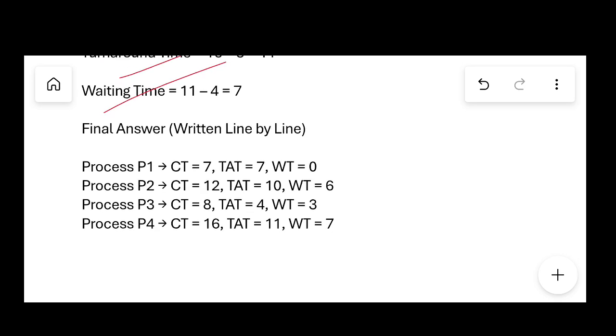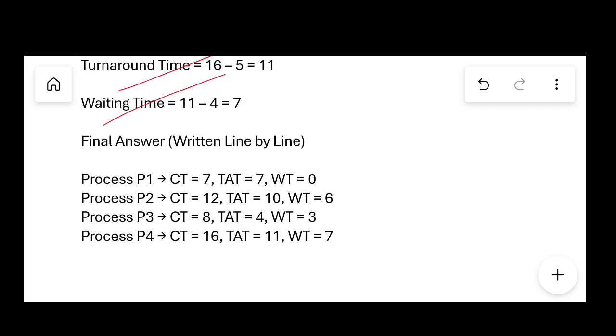If you notice, the shorter jobs get completed quickly, which reduces the overall waiting time of the system. That is the biggest advantage of SJF. But it also has a problem.